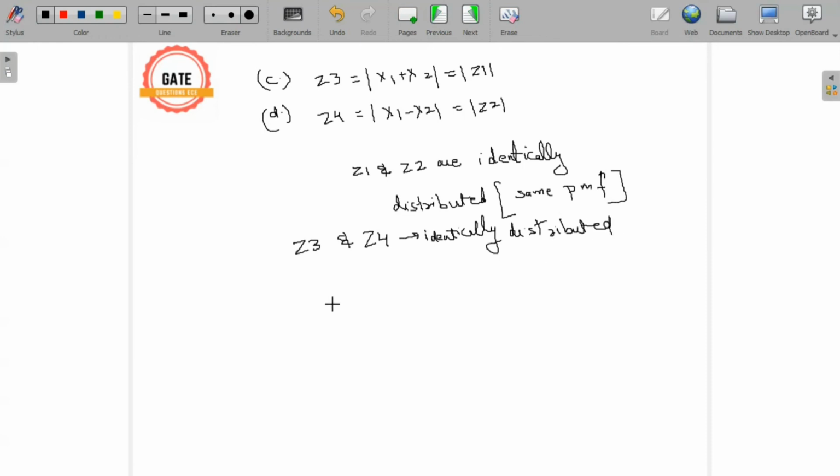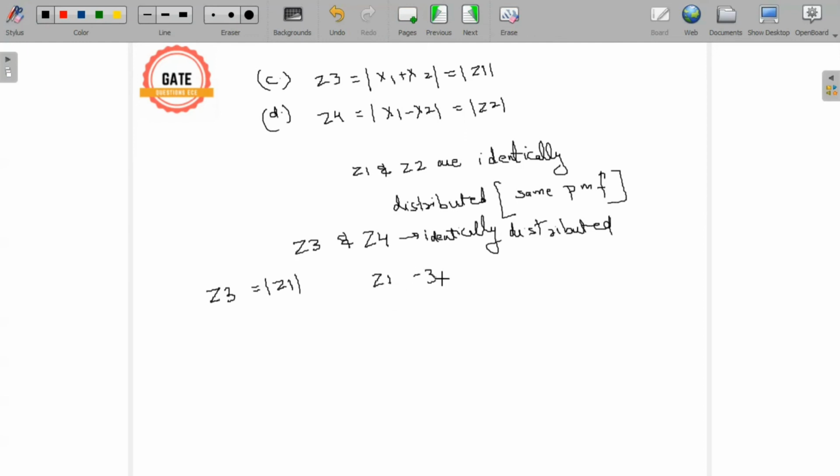So we can calculate any of these, either Z3 PMF or Z4 PMF. Answer will be same for C and D case. So I am going to calculate for Z3, which is mod of Z1. So I am going to write here Z1's PMF.